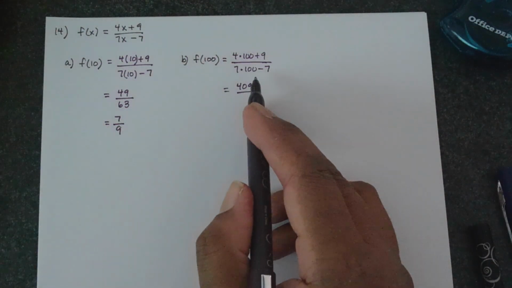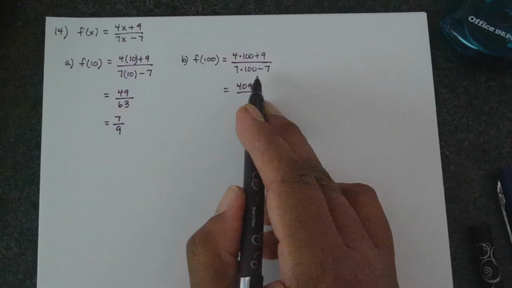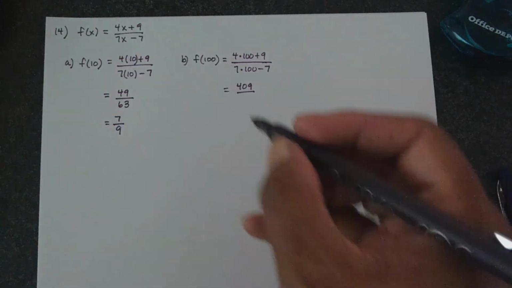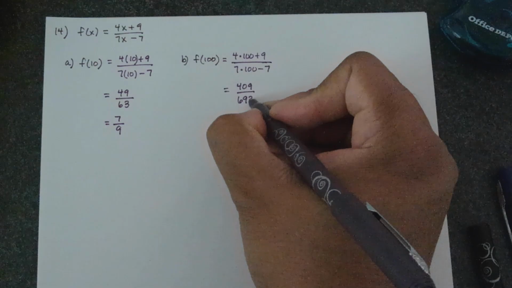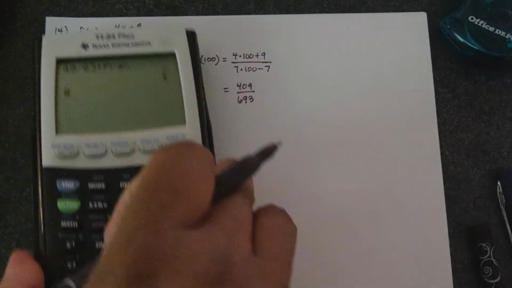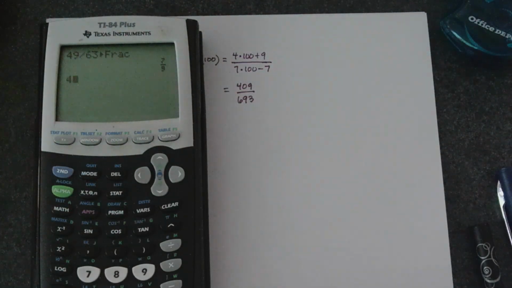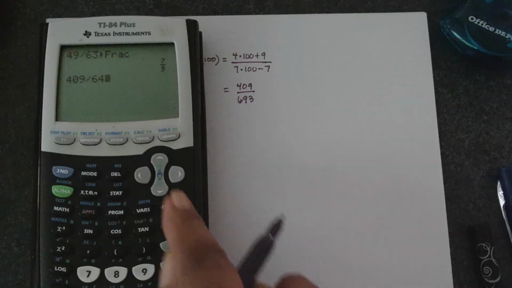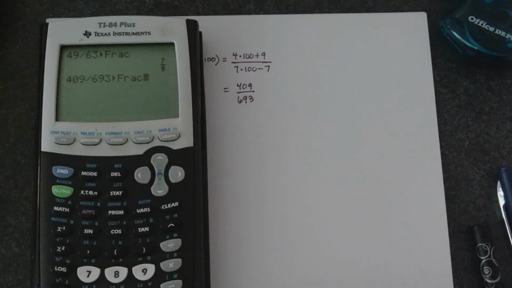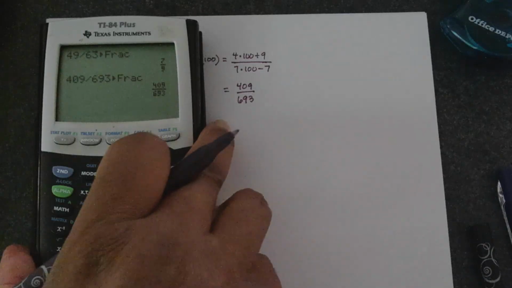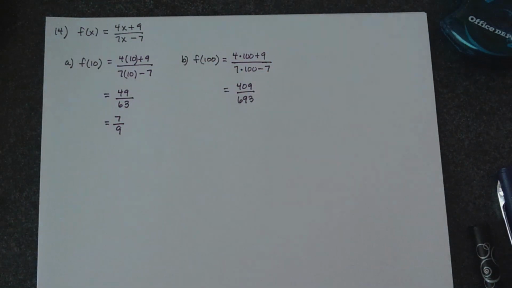And then 7 times 100 is 700 minus 7, which is 693. I don't think you're going to be able to reduce that. You can check in the calculator with math, then number 1. It's still going to be 409 over 693. Okay. Questions on part B?